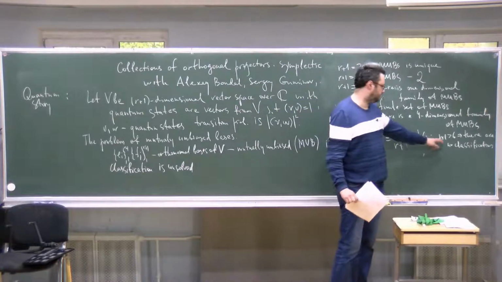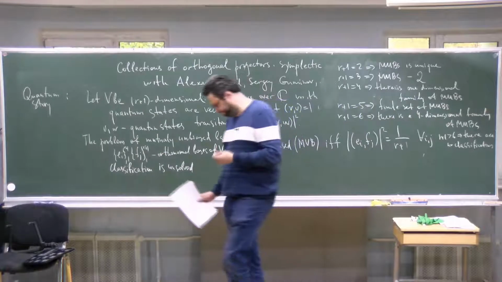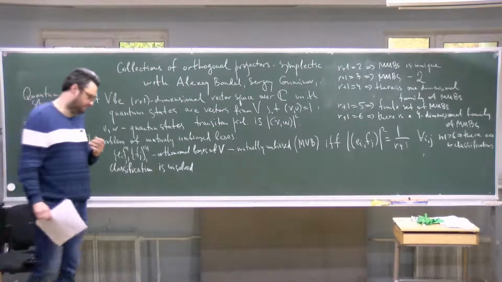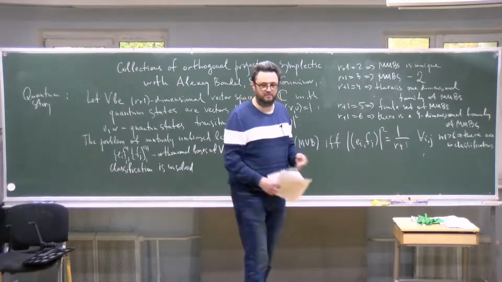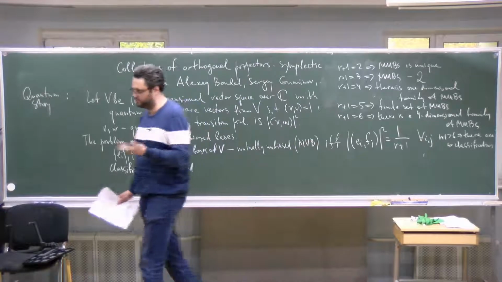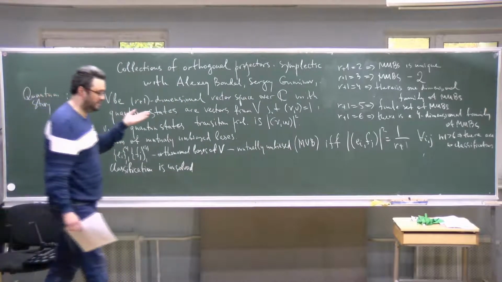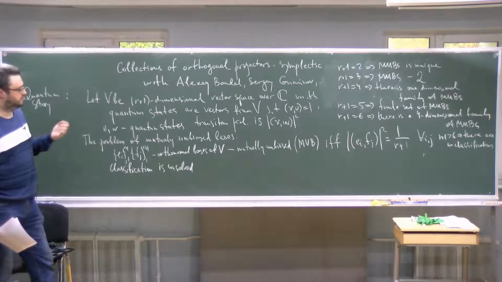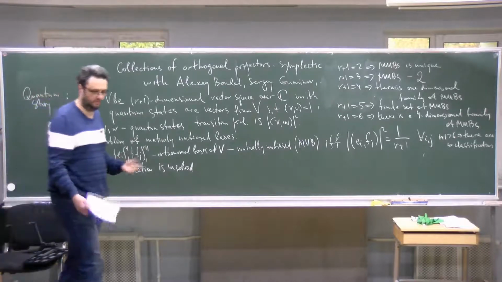In the case r plus 1 is 7, there is a one-dimensional family, but many investigators think that there is a two-dimensional family, but they cannot find it. It's a very hard problem because you have to solve a big non-linear system of equations.